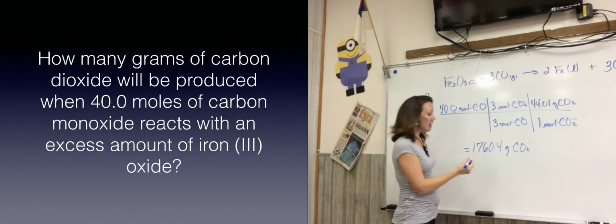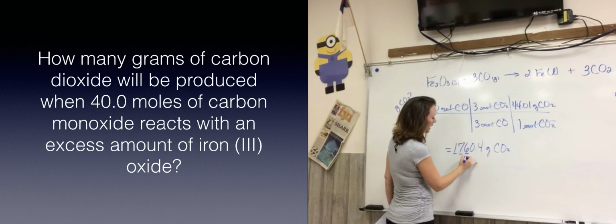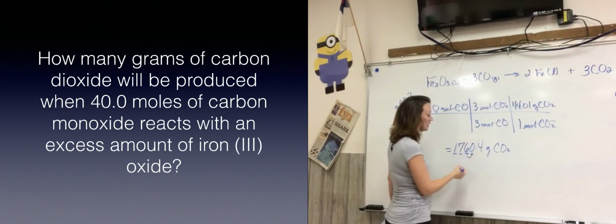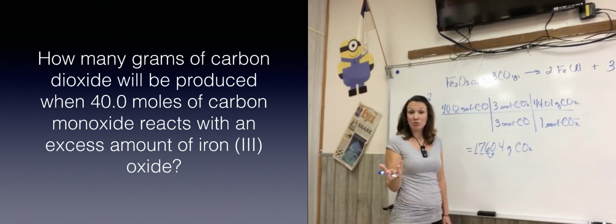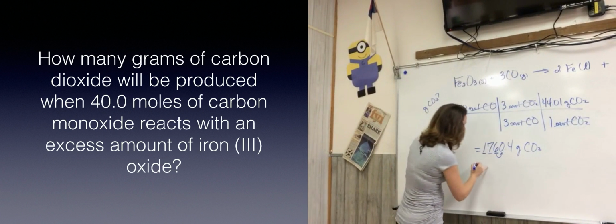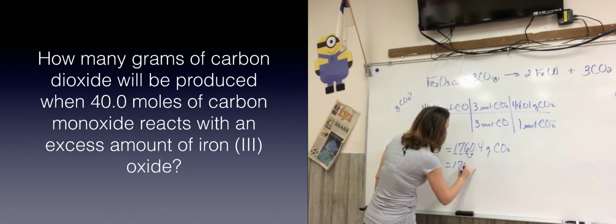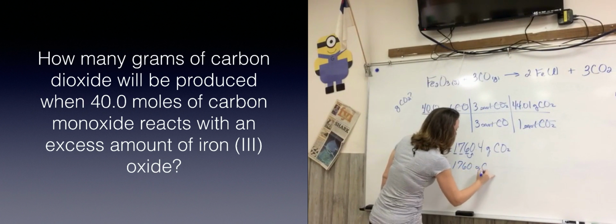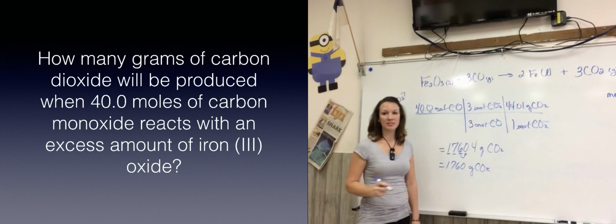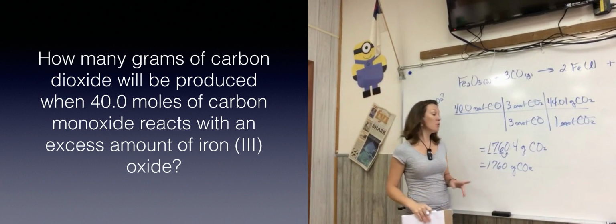So I need to go to my answer. I'm going to have 1, 2, 3. I round the 6 based off the number behind it, which is a 0, so I don't actually have to round it at all. My answer is going to be 1,760 grams of carbon dioxide. It's very important that you leave this 0 in here.